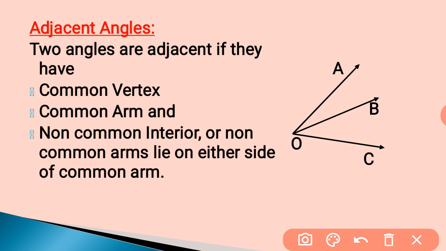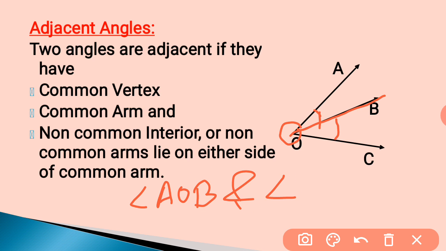Now here, angle AOB and BOC, these two angles will be called adjacent angles because they have a common vertex O, they have a common arm, that is OB, and their interiors are non-common. We are talking about angle AOB and angle BOC.